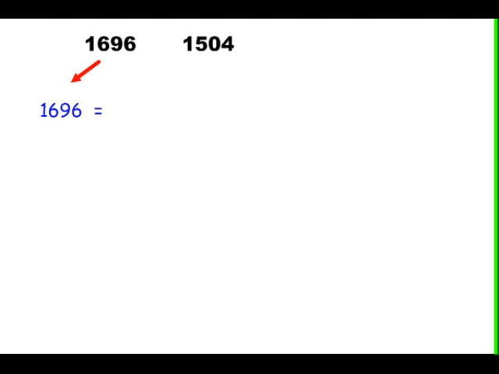If we take the 1 away from this and then multiply the remaining bit, 0.1276, by 1504, we see that 1504 goes into 1696 once with a remainder of 192. So this 1696 is equal to 1 times 1504 plus 192.